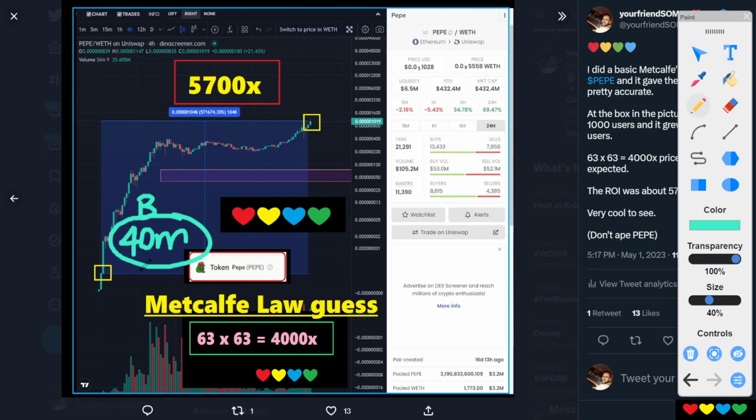If you add 100,000 people to Doge, you ain't doing anything. They've already got 4.8 million people holding it. 100,000 people does nothing. If you add 100,000 people to SHIB, it still does nothing. It's got 1.3 million holders.